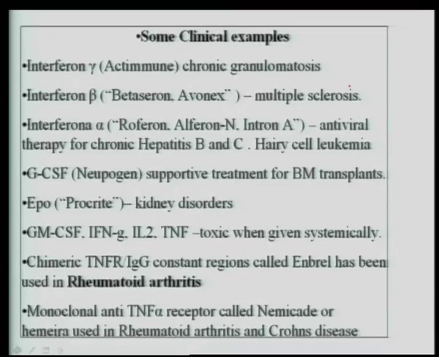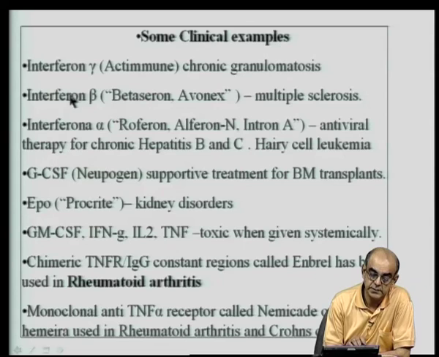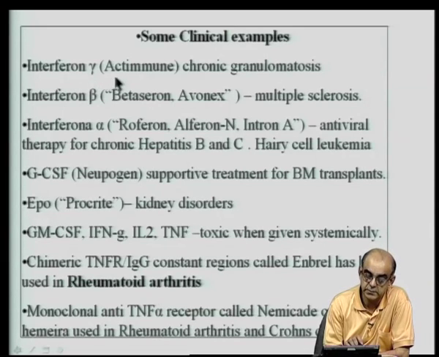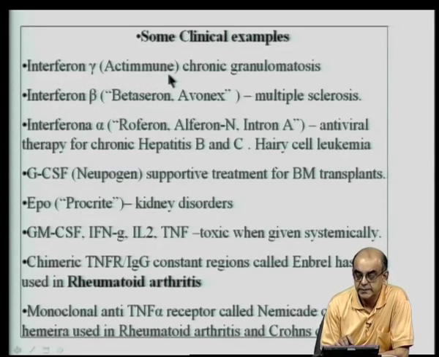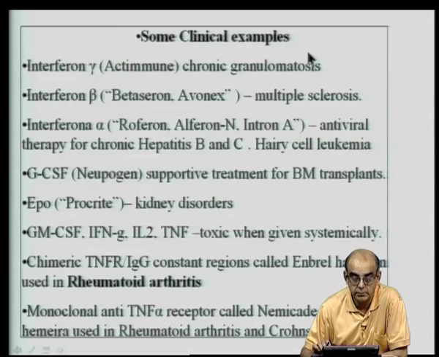involving cytokine therapies. Some of these clinical examples are, for example, you have gamma interferon being tried, the name given to this sort of drug is Actimune, which has been tried in chronic granulomatous disease, where you have a problem with the antigen presenting cells and the macrophages.